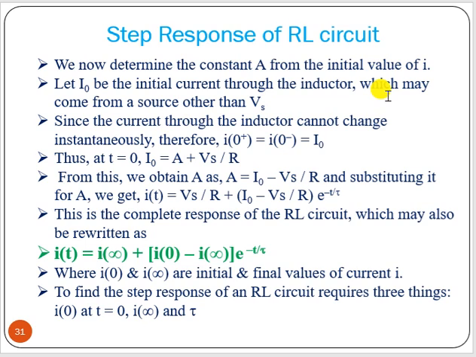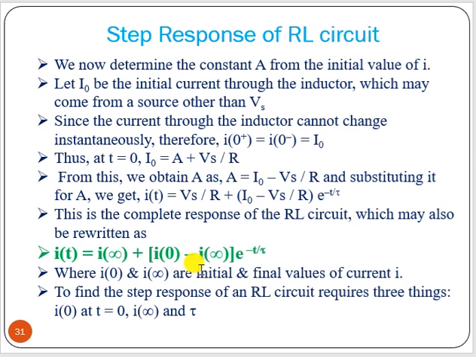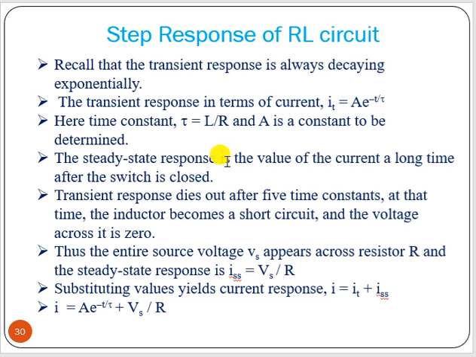Now the initial value of I states that I of 0 plus or I of 0 minus equals I0. So at t equal to 0, if we put t equal to 0 here, we can write I0 equals A plus Vs by R, because e to the power 0 is 1.